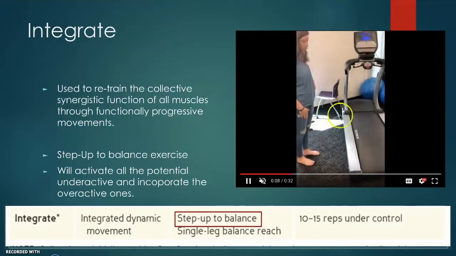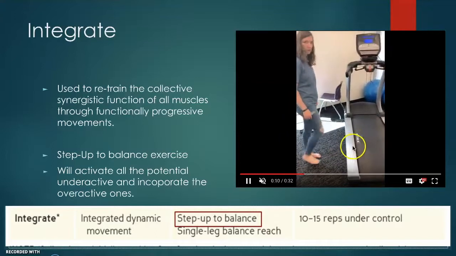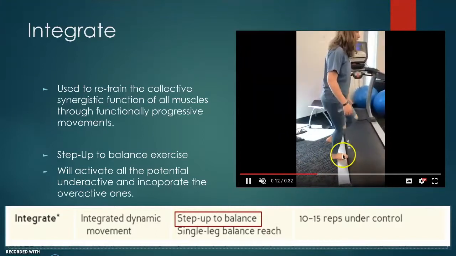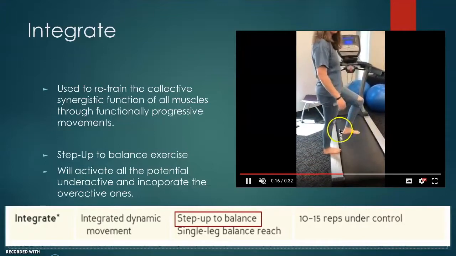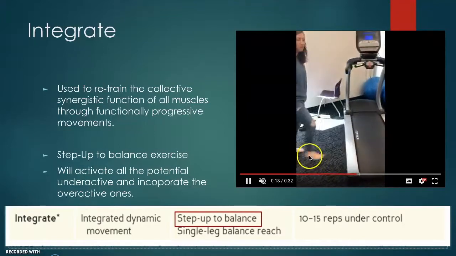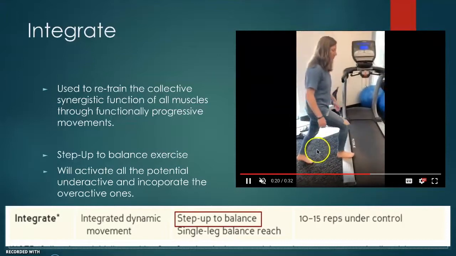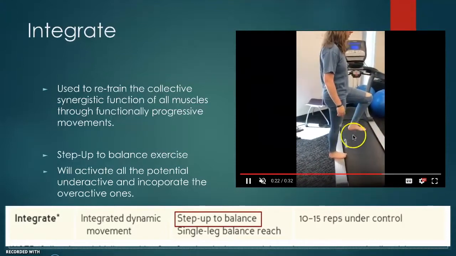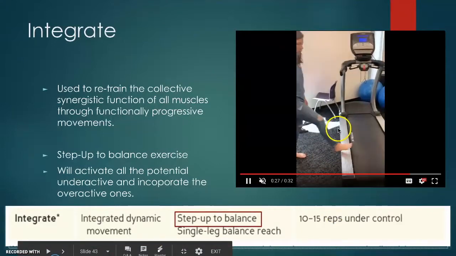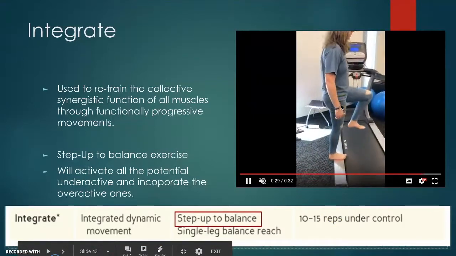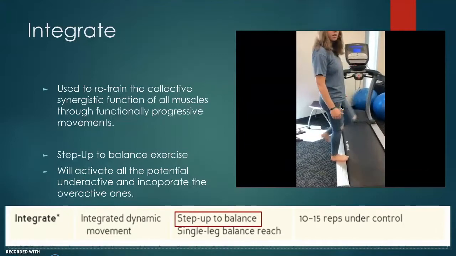So by stepping up with her right foot on the treadmill, she will be activating the gastroc, especially when she steps up right there. And by maintaining that left angle of her foot, she is activating the anterior tibialis.